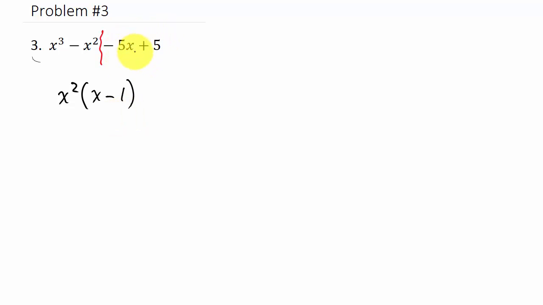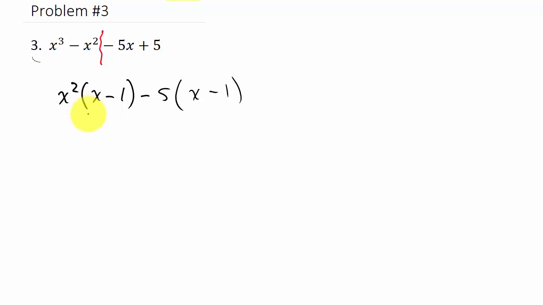In this part, if I factor out a 5, I'm left with negative x plus 1, which aren't the same. I just need the signs here to change. So instead of factoring out a positive 5, I'm going to factor out a negative 5, and that's going to leave me with x minus 1 when I factor it out of this second part.